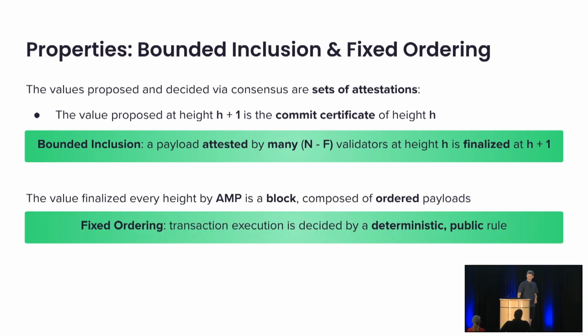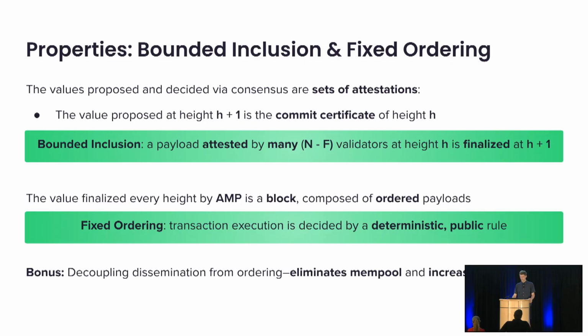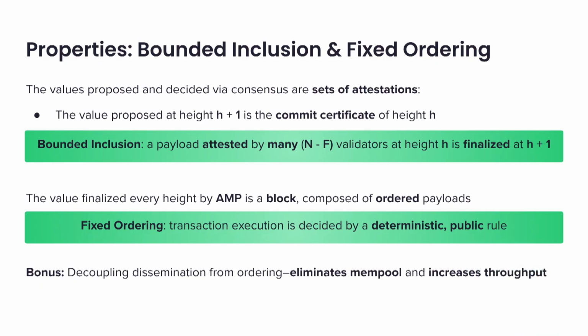Fixed ordering is our next property. So blocks that get finalized in AMP are composed of payloads, and then we simply require that the ordering of the transactions that are included in these multiple payloads is decided by some deterministic publicly known rule. And I'll throw in a bonus here that this construction decouples dissemination from ordering.